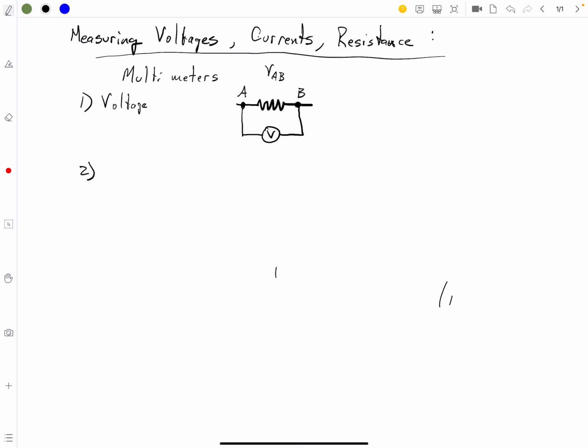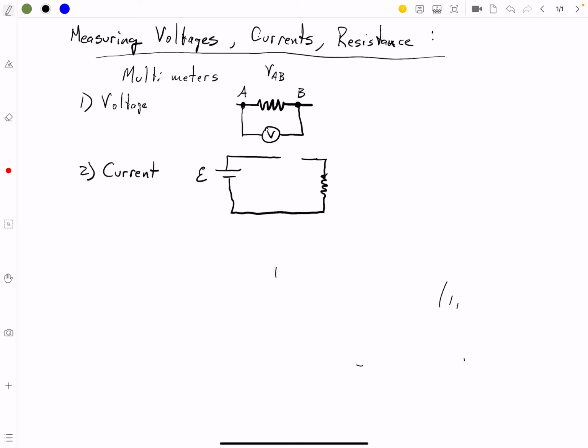2, we're going to measure current. So we've got a circuit. Let's put a little break in there. And we'll put a resistor over here, and we've got it coming back. So we've got our EMF here.